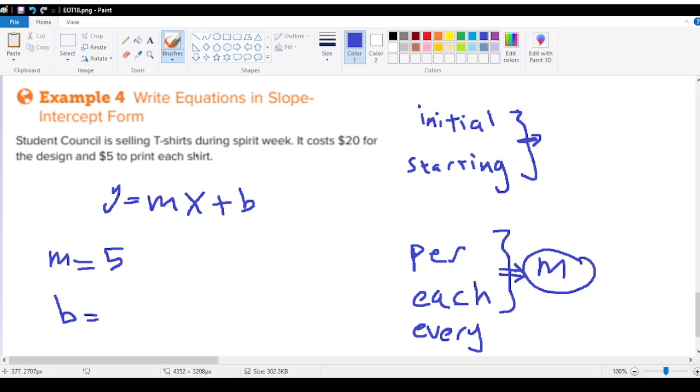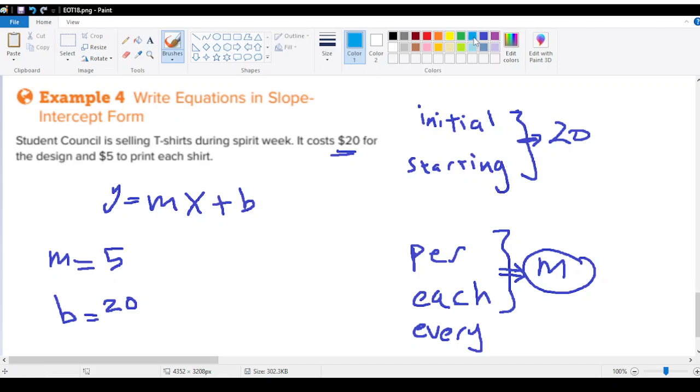Student council is selling T-shirts during Spirit Week. It costs $20 for the design. So this is the starting for the design, and $5 to print each shirt. So how much is the starting or the initial value? 20. So this is the value of b, 20.